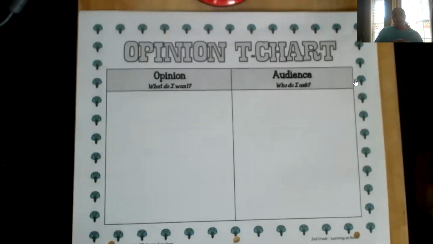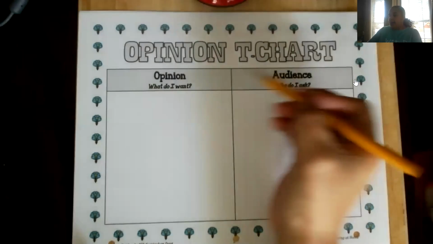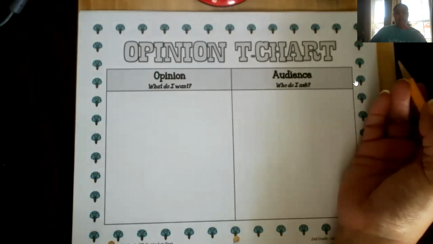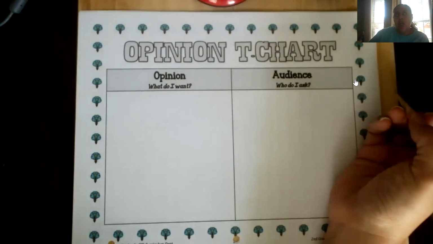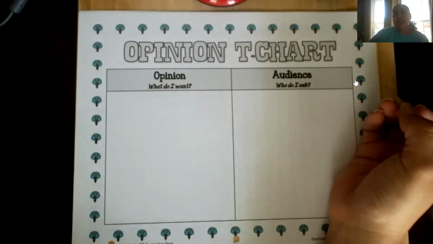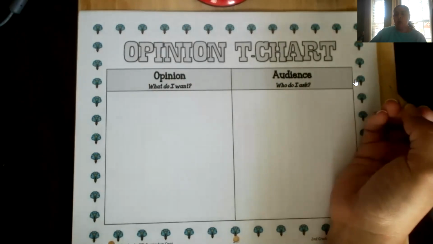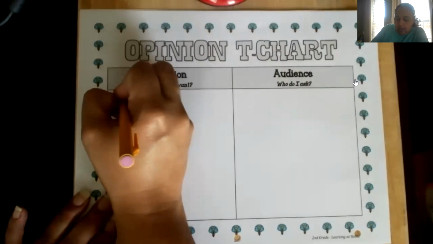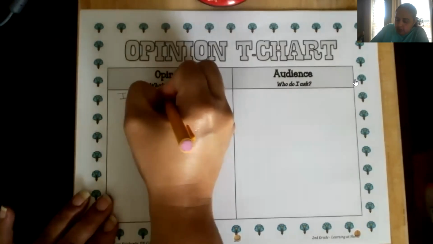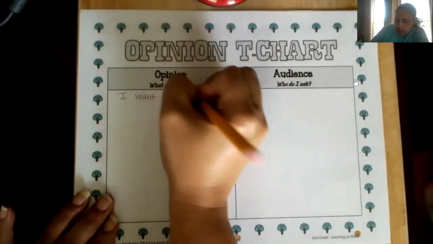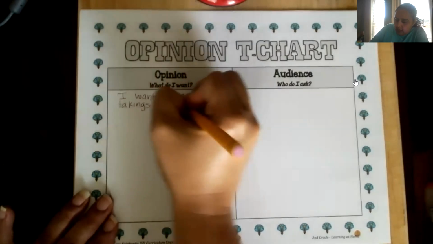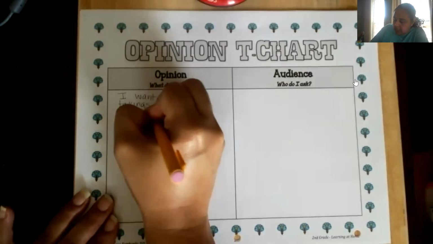Now, there are different opinions that I have, and then I have my opinions and I have my audience. So I was thinking, well, who do I want to write a letter to and what about? Okay, so I was thinking that I really, really want to start walking with my sister, right? So my opinion is I want to start taking walks with my sister.